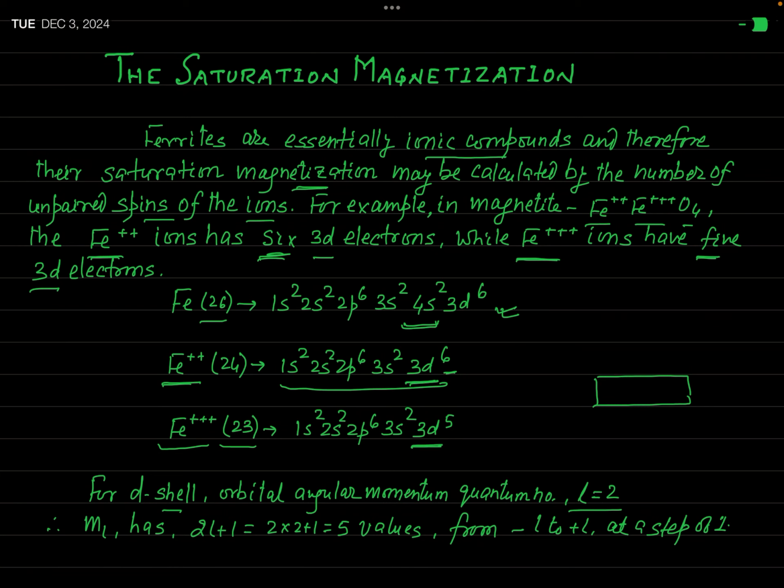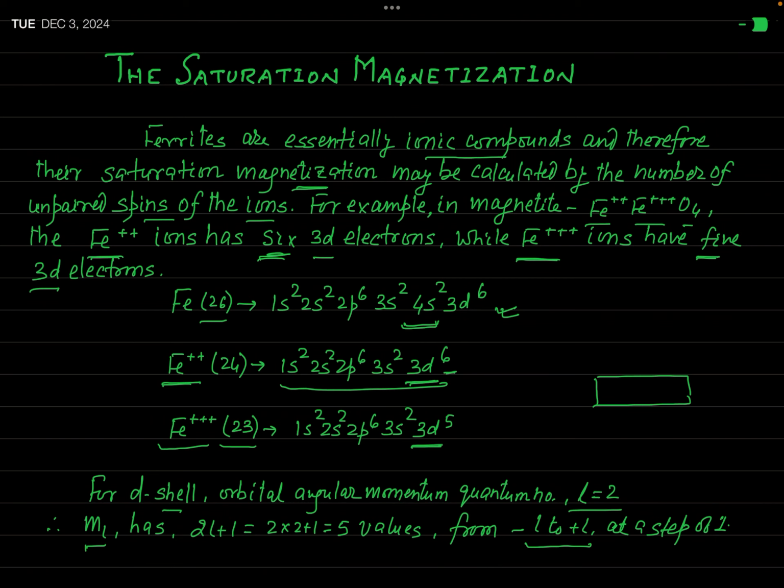If l is 2, then the orbital magnetic quantum number, denoted by mₗ, has 2l plus 1 values for a given l. Those values run from minus l to plus l in steps of 1.